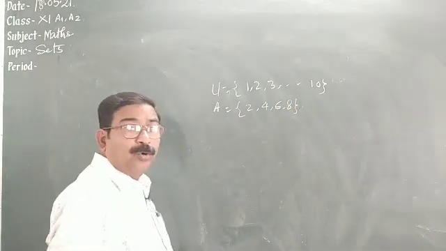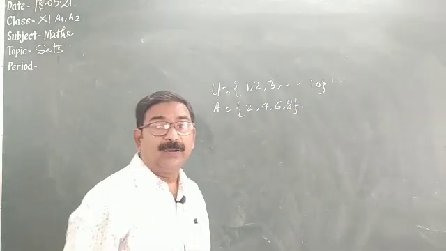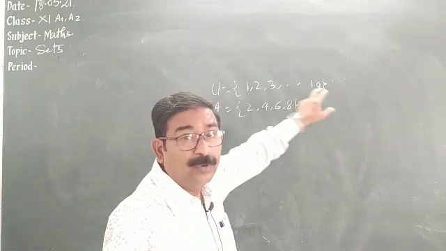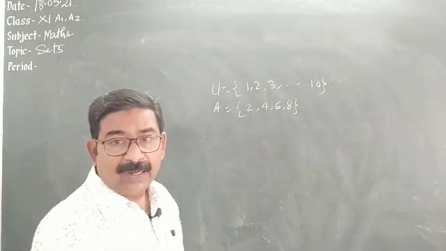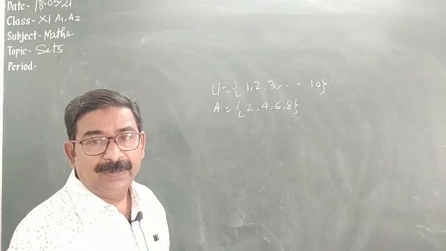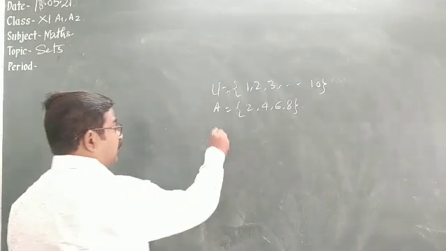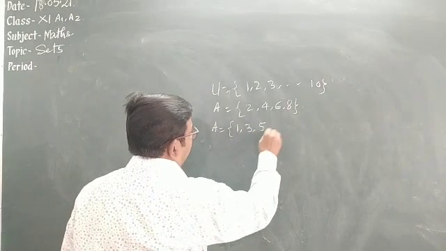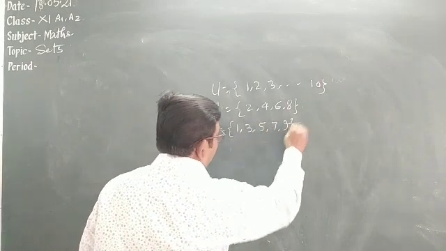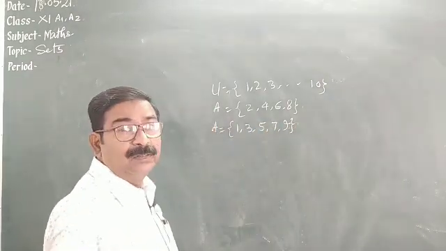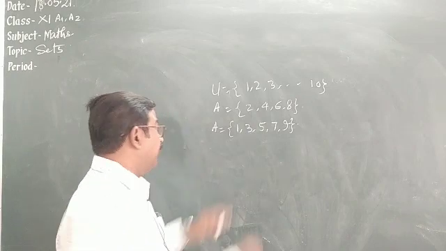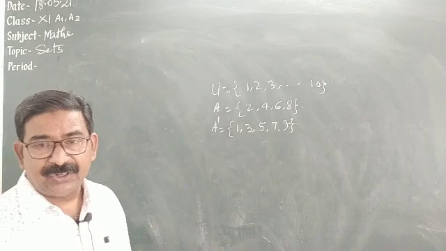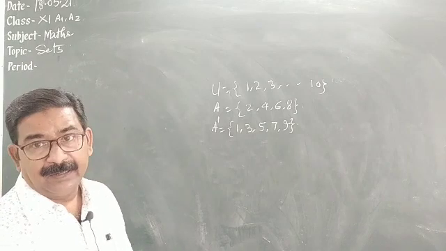So what I told, how to find the complement of A, means elements of A are removed from U, whatever elements are left in U, that is the complement of A. So what is A dash? A dash is 1, 3, 5, 7, 9. These are the complement of A. This is written as A dash. A dash is the complement of A.